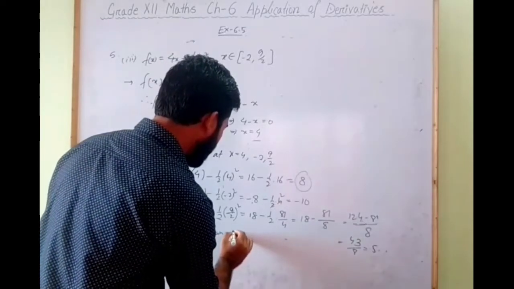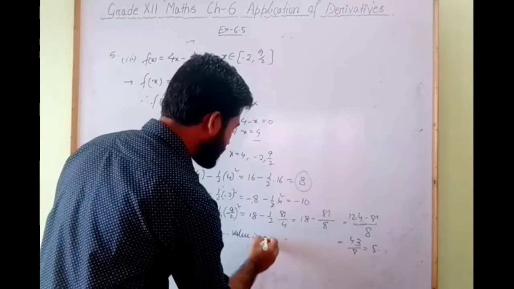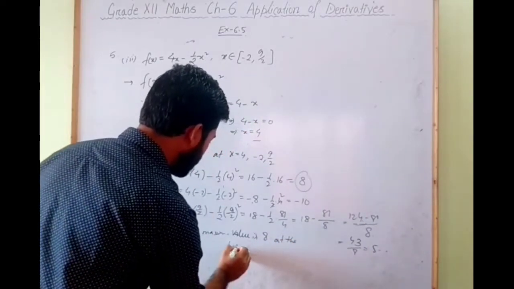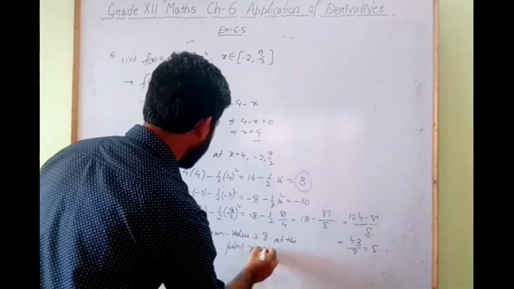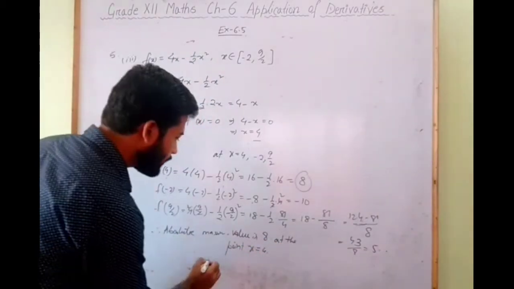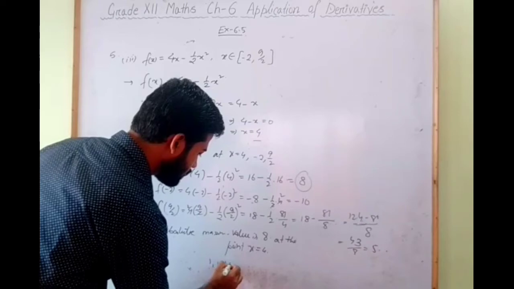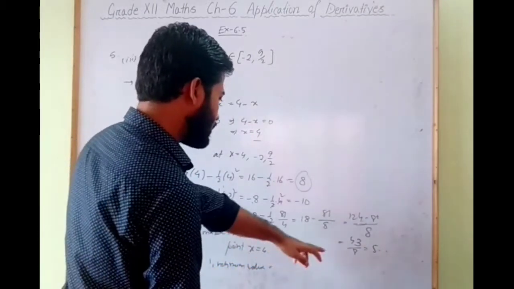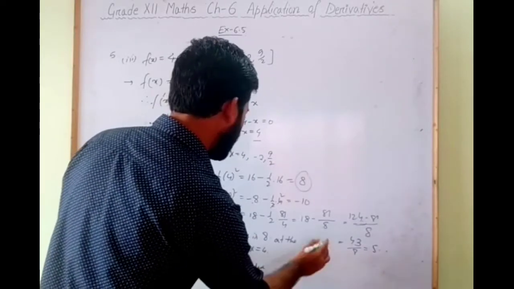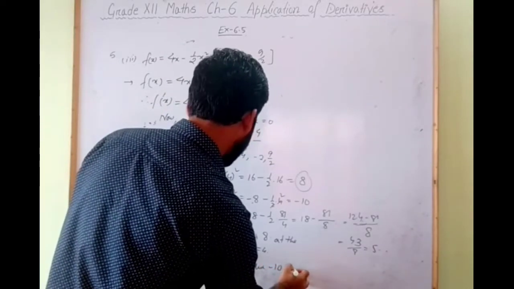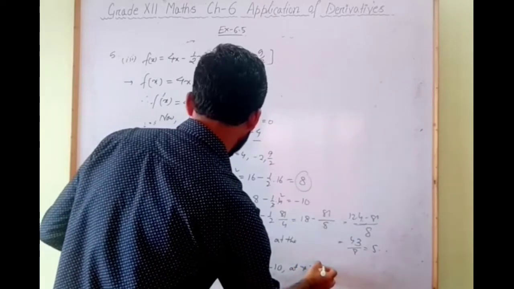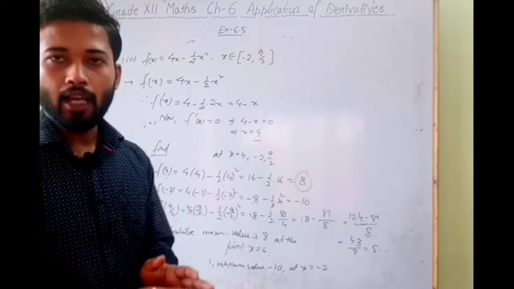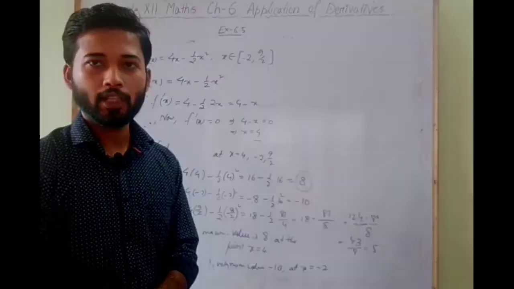So absolute maximum value is 8, at the point x is equal to 4, and absolute minimum value is -10 at the point where x is equal to -2. So this is how we find the absolute maximum and absolute minimum for a given function.